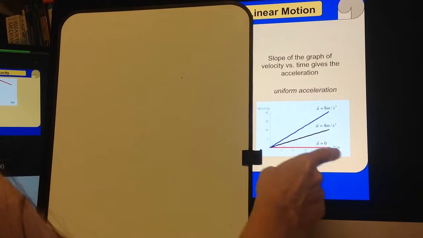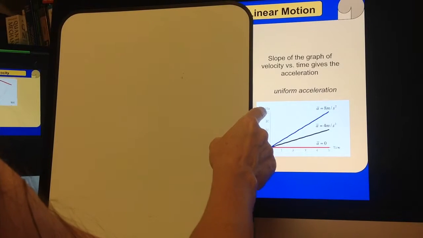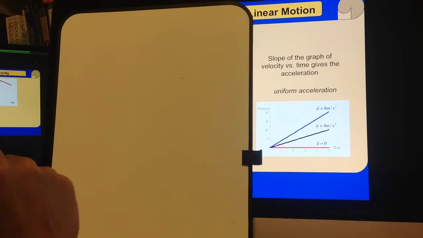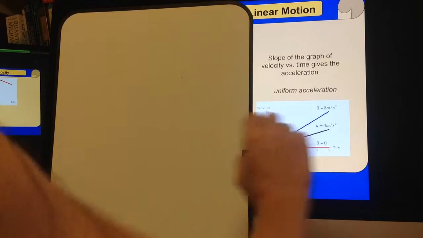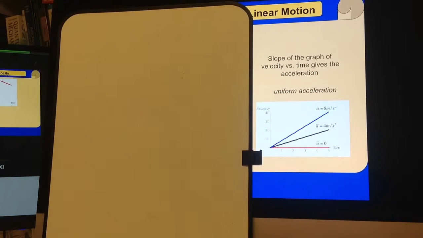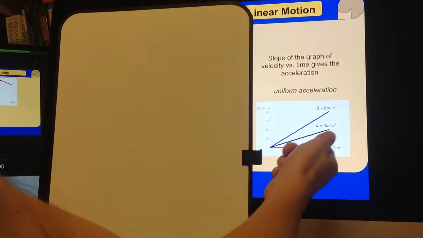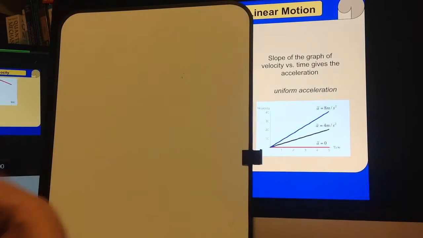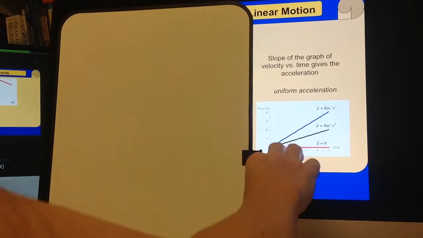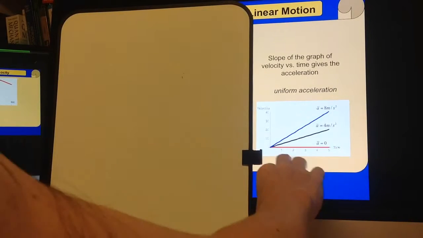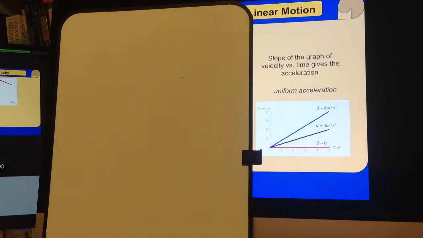We are showing the velocity versus time, velocity in meters per second, time in seconds. And now the slope here tells us what the acceleration is. And so the slope tells us the rate of change of the velocity. In this red curve, velocity is just fixed, it's not changing, so the average acceleration is just 0.